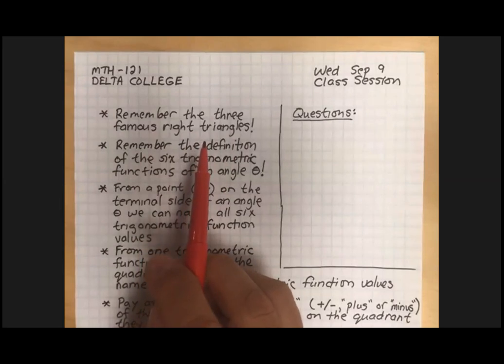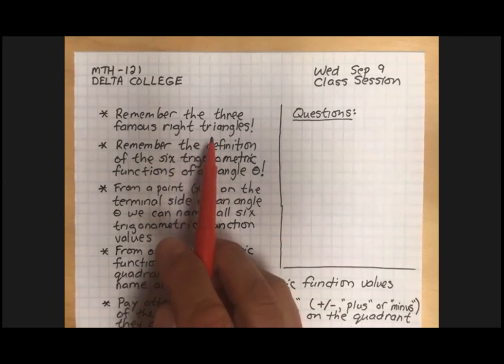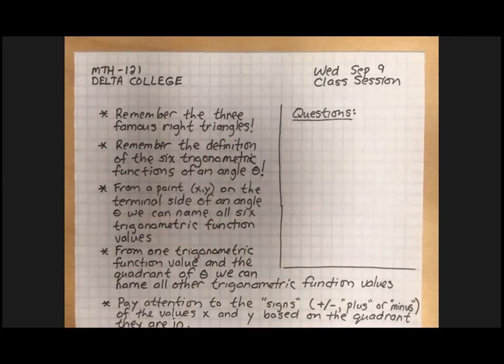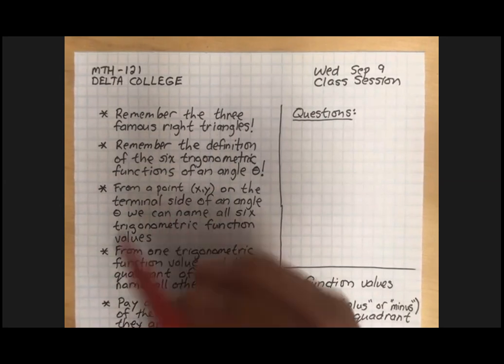The 15-75-90, the 30-60-90, and the 45-45-90. Those values are really, really valuable. You might ask, how do I deal with a 12-degree angle? Well, we'll get to that. But if you know the major ones, then you've got half the battle already settled.